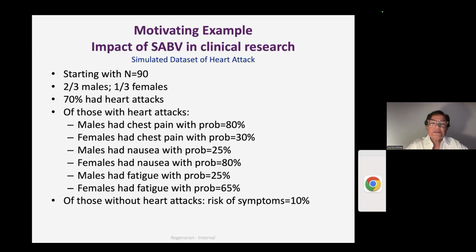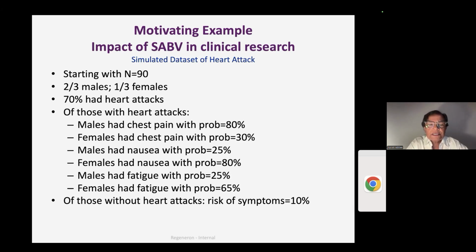It's a simulated data set of heart attack. Let's start with 90 subjects. Two-thirds are males and one-third females, not unlike what was happening in the 1960s and 1970s and later. Let's say 70% of these subjects had heart attacks.